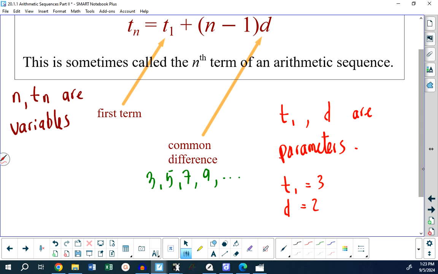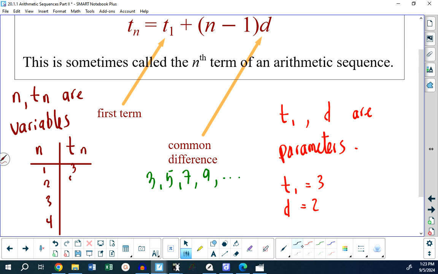However, these things are variables. They change. The value of Tn depends on what n we're talking about. The value of n depends on what Tn we're talking about. They change. They're variables. These, however, are parameters.